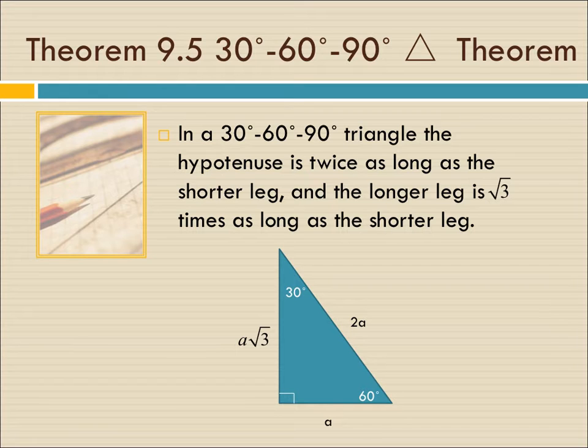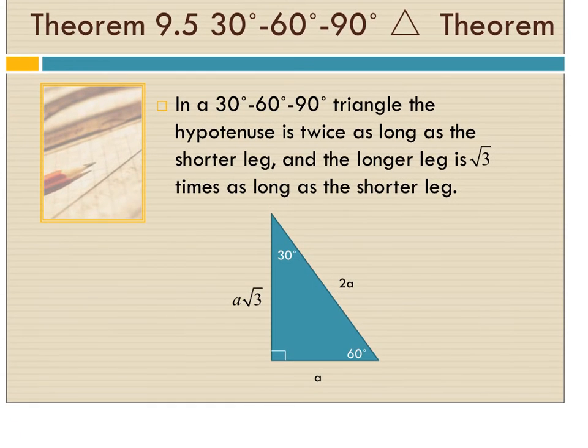In a 30-60-90 right triangle, the hypotenuse is going to be twice as long as the shorter leg. And the longer leg is going to be whatever the shorter leg is with root 3 behind it.